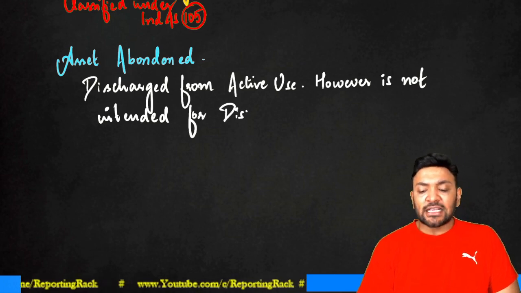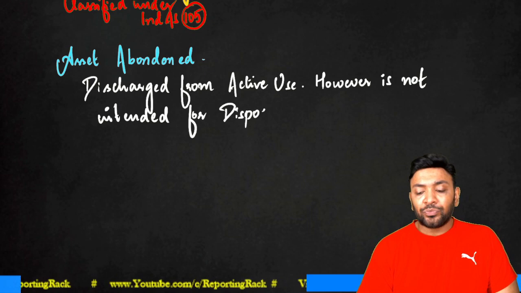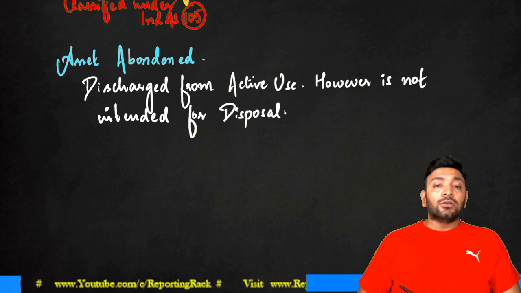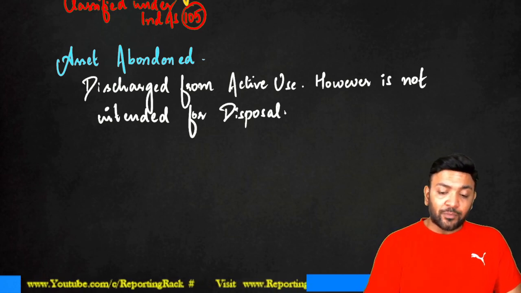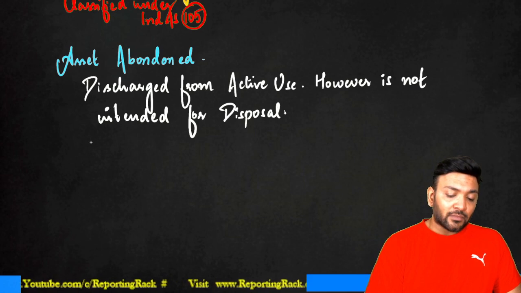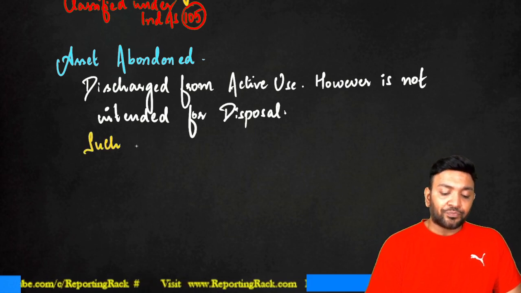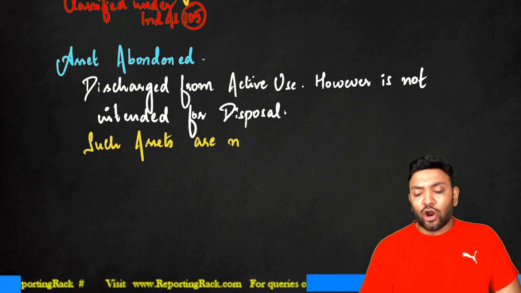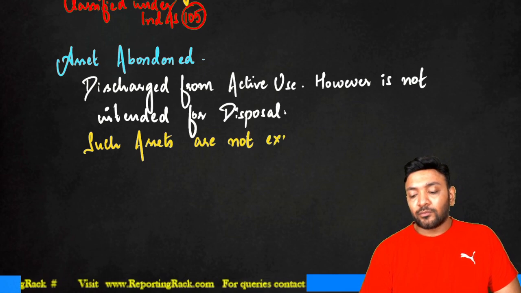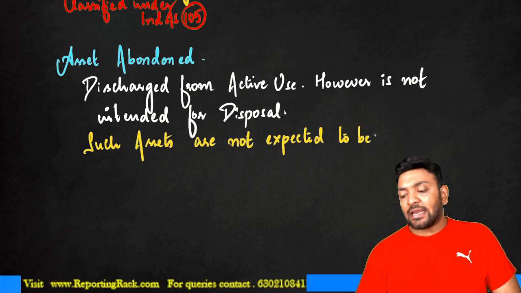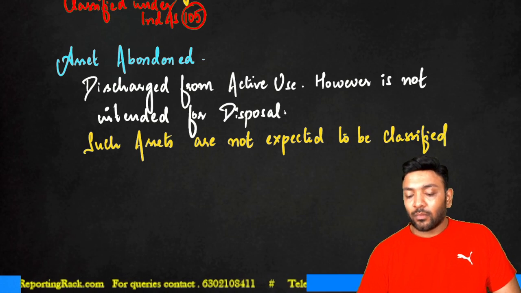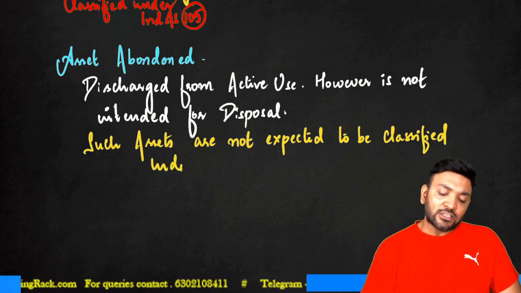I might employ this asset again in active use later on when the demand increases or whenever I want. It is not intended for disposal. Therefore, in such cases, such assets are not expected to be classified under Ind AS 105.